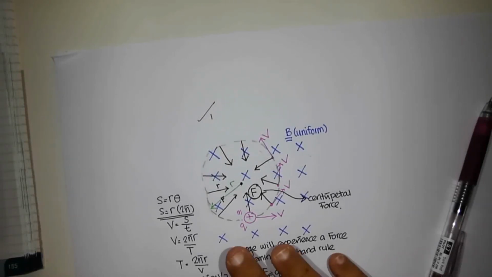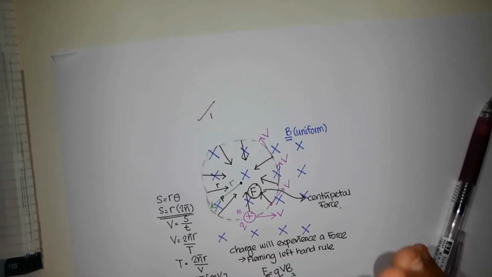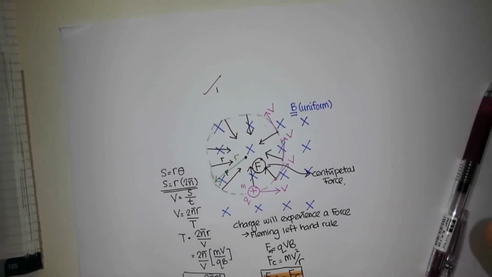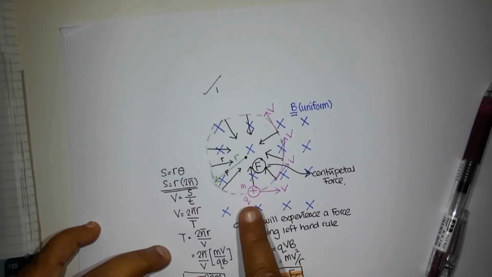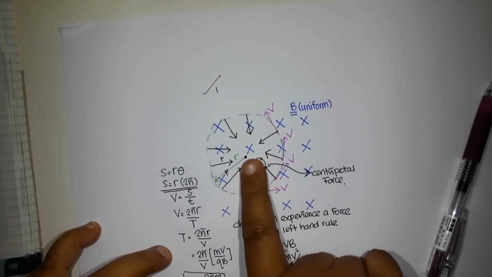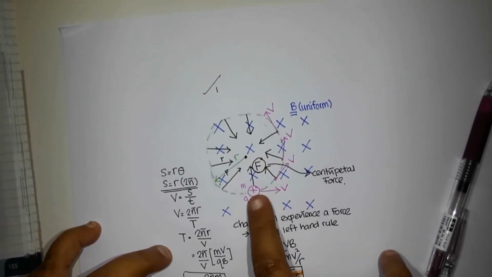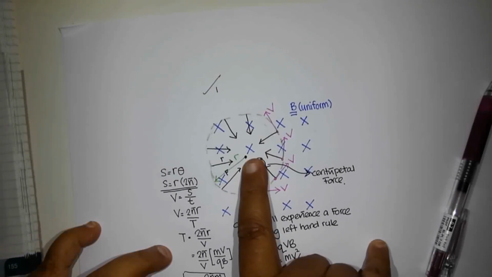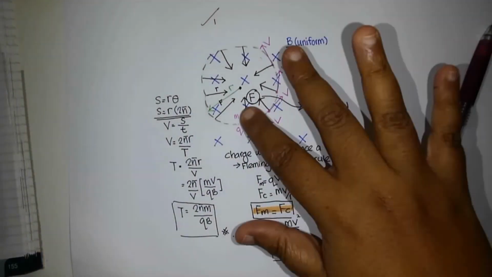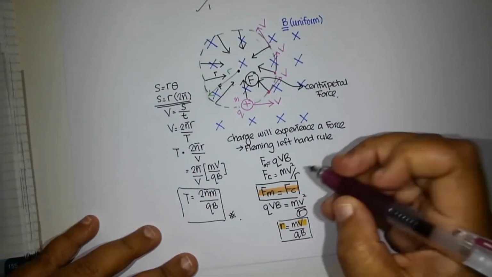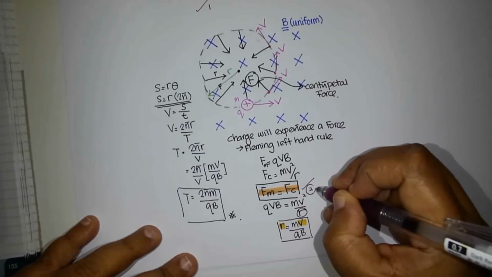But in a magnetic field, the charge will move in a circular path. Concept number 2: when the charge moves in a circular path, the direction of the force is towards the center, and so the force is the centripetal force. So the magnetic force is the centripetal force.